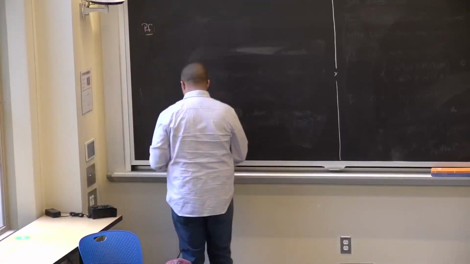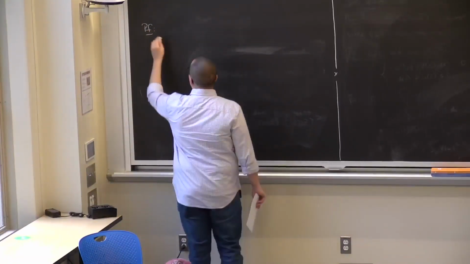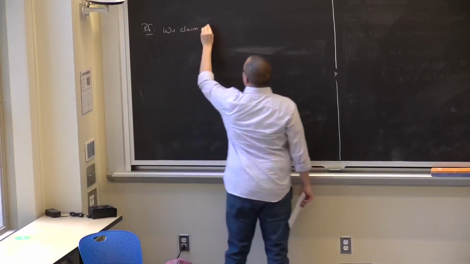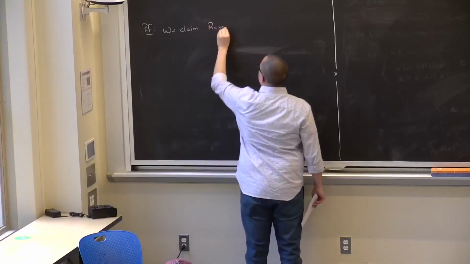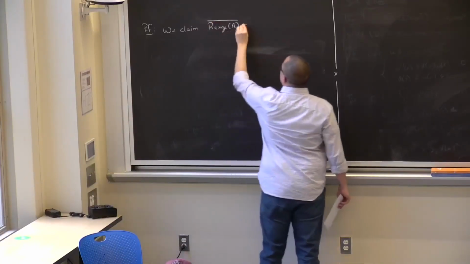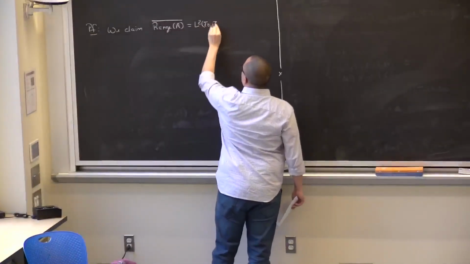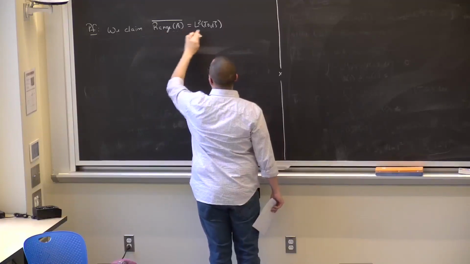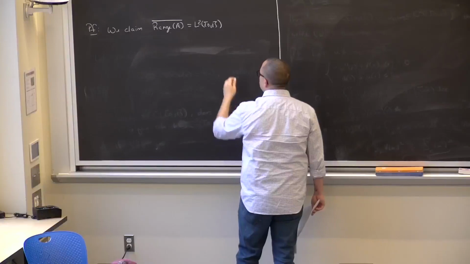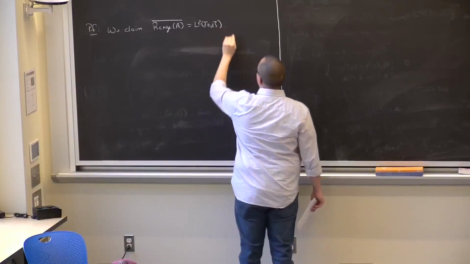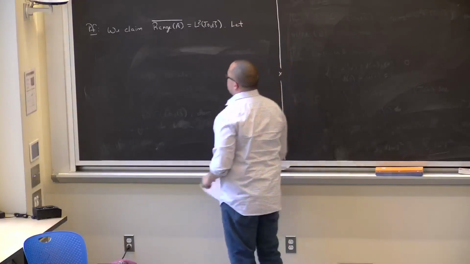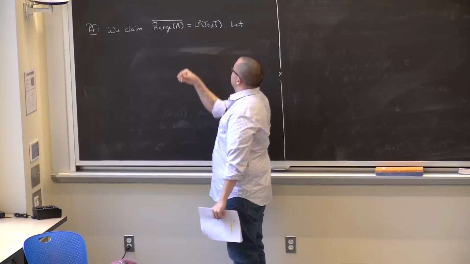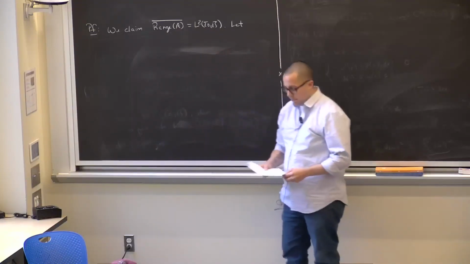So the first thing we're showing is that the null space is trivial: we will show that the closure of the range of A equals all of L2. Remember, this is equal to the orthogonal complement of the null space. So if the orthogonal complement is the entire space, then that means the null space of A is just the trivial vector. So I need to be able to show that a dense subspace of L2 can be solved for by A.